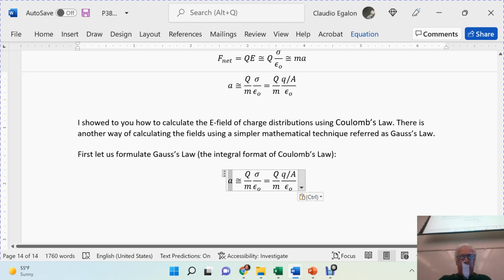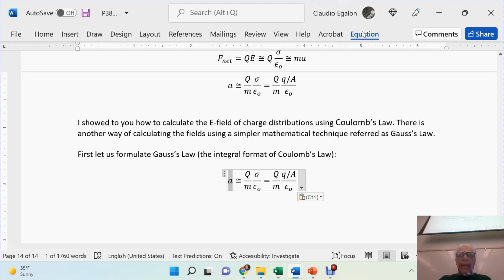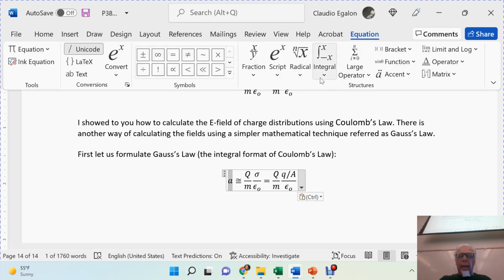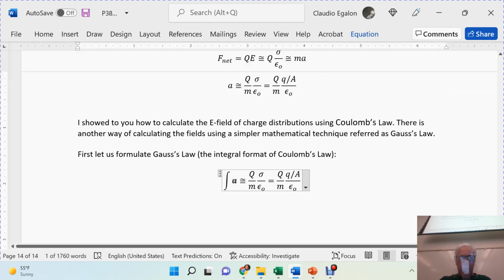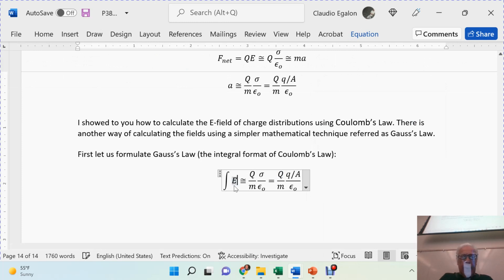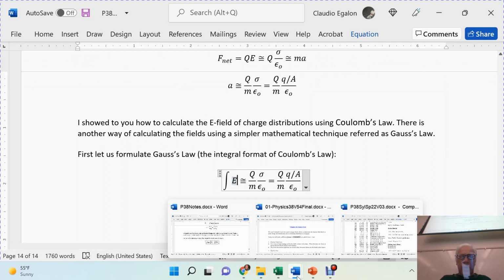So the way we do it is like that. We put an integral here. Start to get familiar with this integral format, okay? Integral, here we go, we have the electric field. Don't forget it's a vector, the electric field.